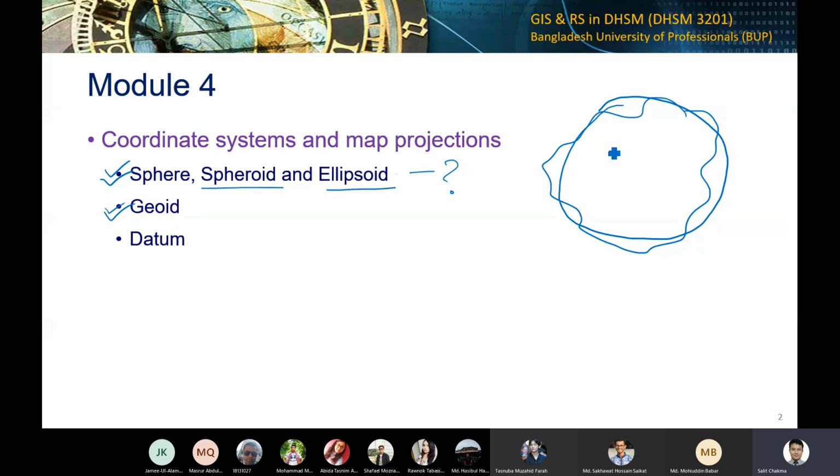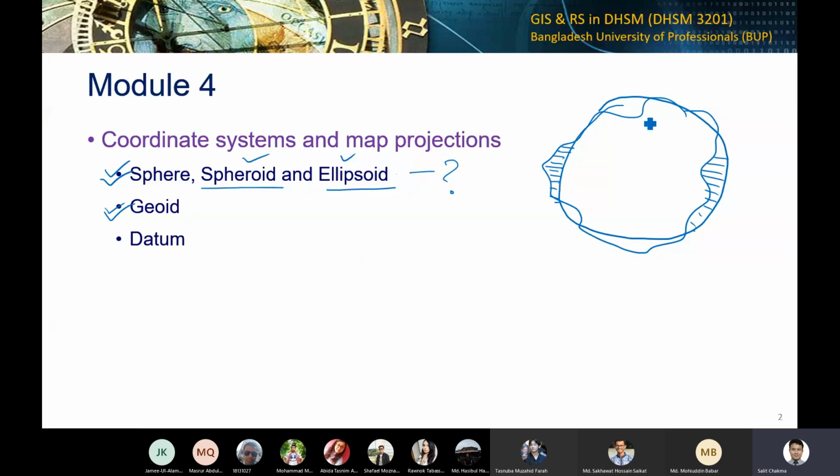Why not? Because at some points the Earth is too much depressed, and at some points the Earth is too much protruded. Suppose this is the Himalayas, it goes very high here, and if this is the Mariana Trench, it goes very deep here. So it doesn't really match the smooth surface of an ellipsoid or spheroid.